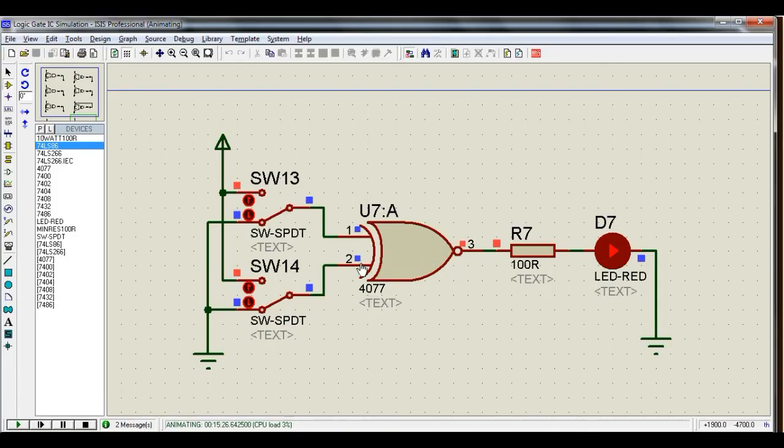Pin numbers 1, 2 are the inputs and 3 is the output. So for the 0 0 combination, the LED is turned on, for 0 1 the LED is turned off, for 1 0 the LED is turned off, and for 1 1 the LED is turned on. Okay, so I have connected it here in the regular way. The LED's anode is connected to the output of the XNOR gate and the cathode of the LED is connected to ground.